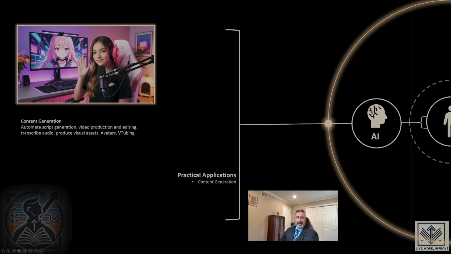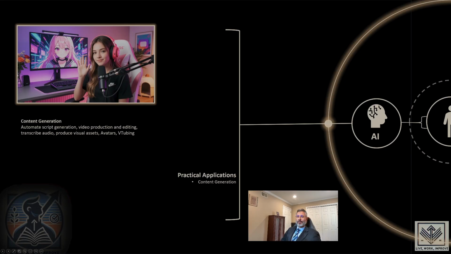They use AIs to create images, visual assets, scripts. A lot of people use AI to create their own video scripts. So it's one of the most known uses of AI. A lot of these content creators use AI agents to create their content, so it's definitely very useful.